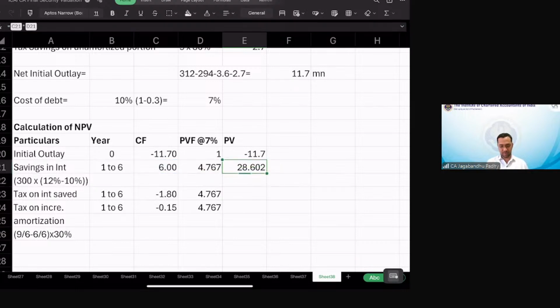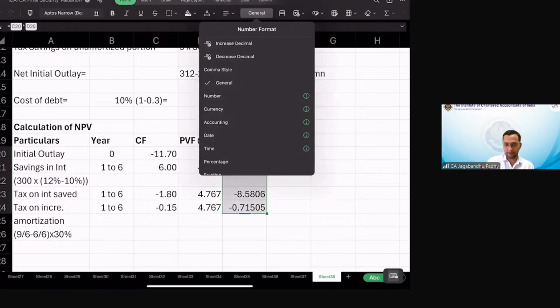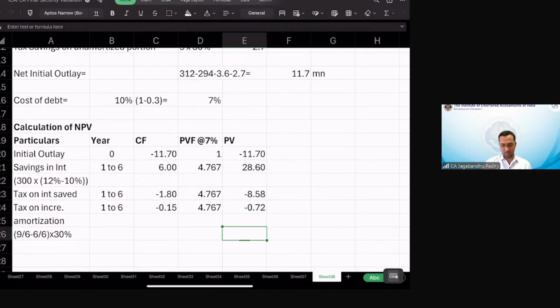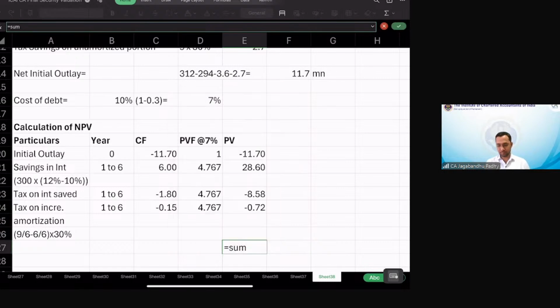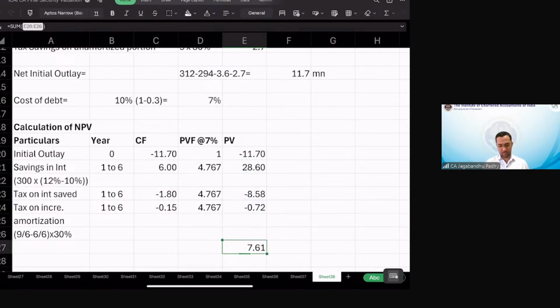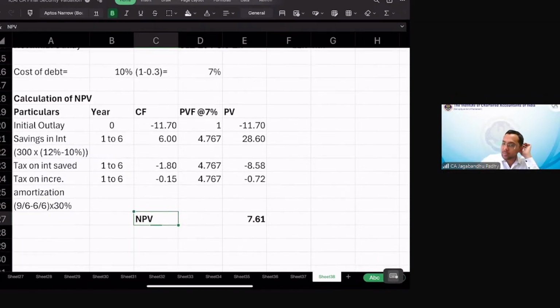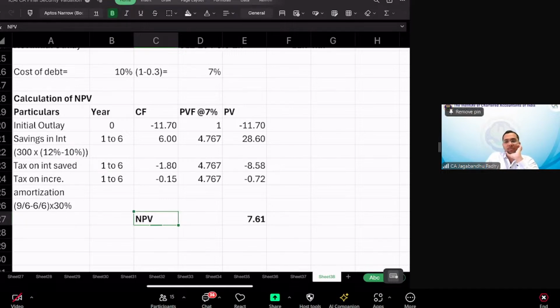Cash flow into PV factor. We can simply take the total of all of them, and we find the NPV to be 7.61. Since the NPV is positive, should we go ahead with refunding the bond?